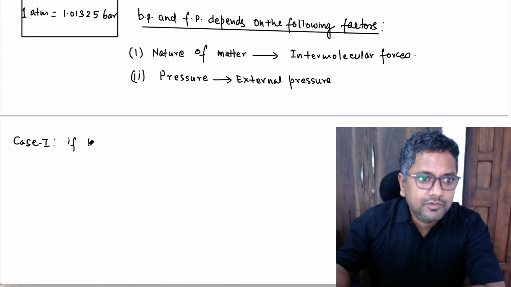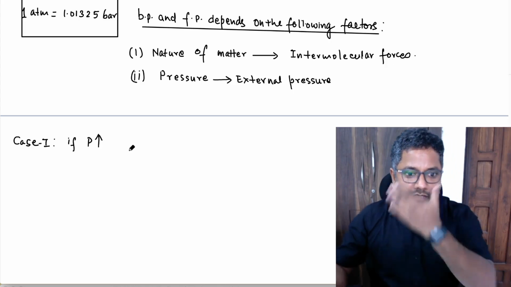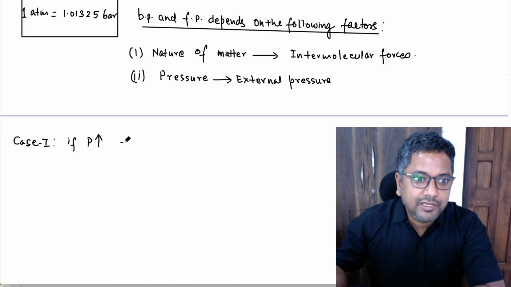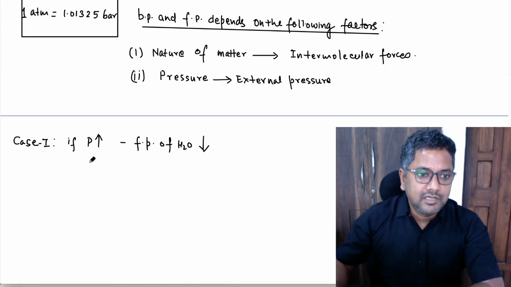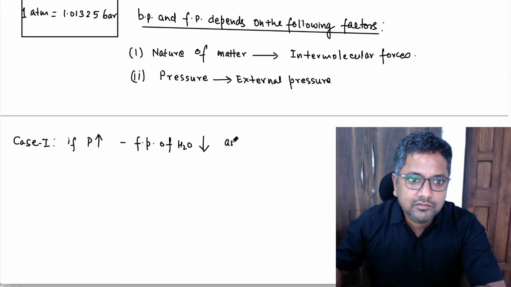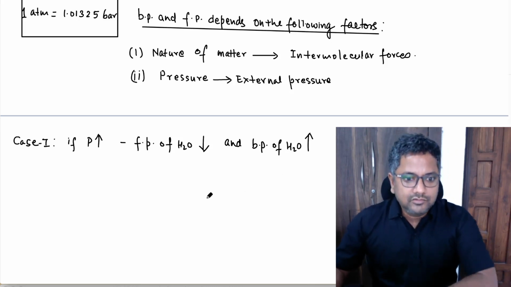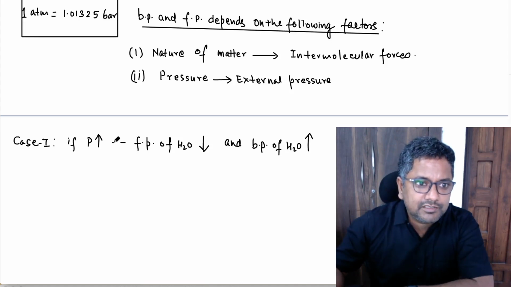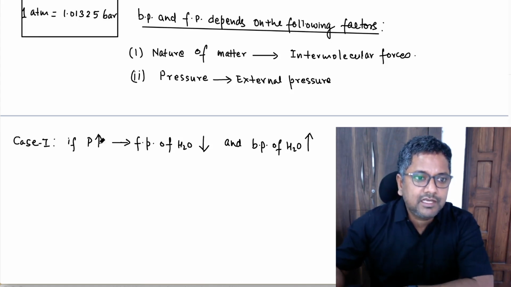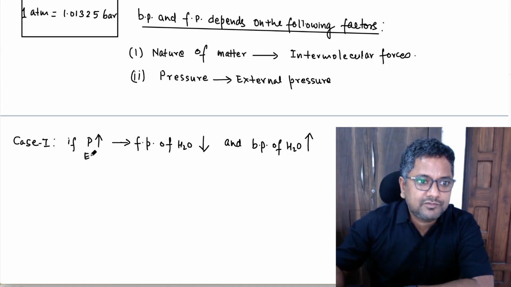If the pressure is increased, the freezing point of water decreases, and the boiling point of water increases. This is the external pressure.